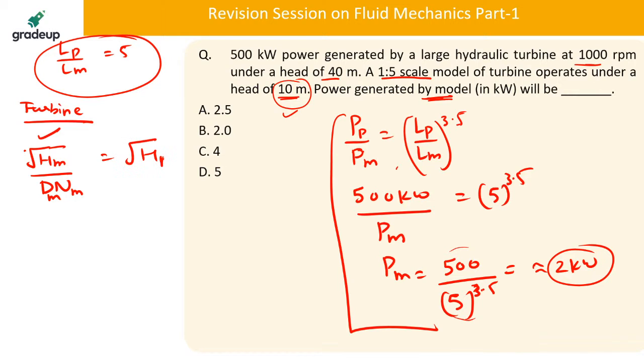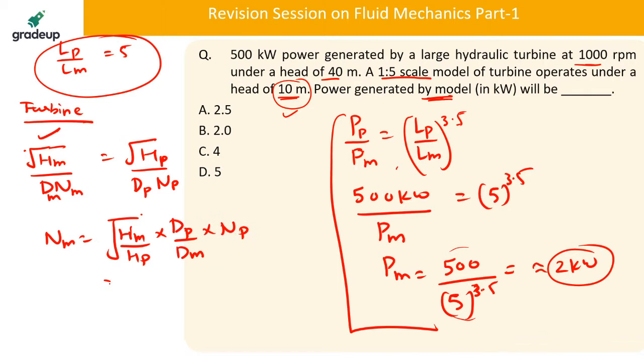Root of head of the prototype divided by DP into NP. So you can simply find the speed of the model. Speed of the model will be equal to root of head of the model by head of the prototype into DP by DM into NP. If you solve it, you will get NM. Speed of the model will be equal to 2500 rpm.